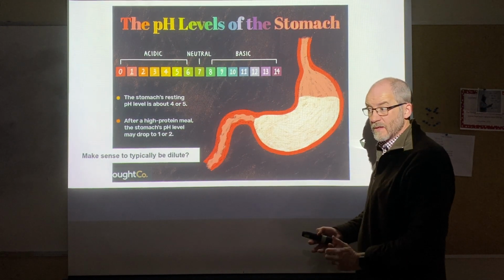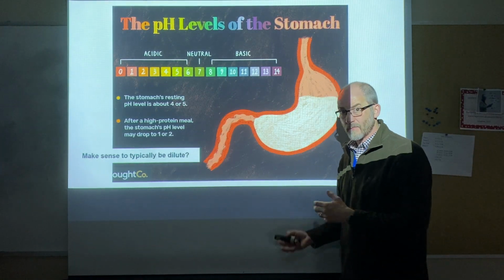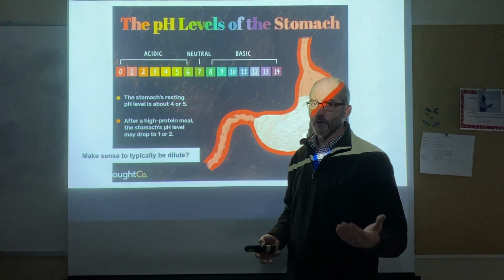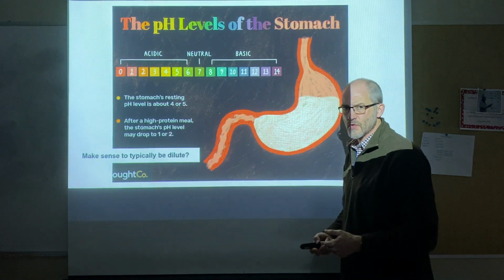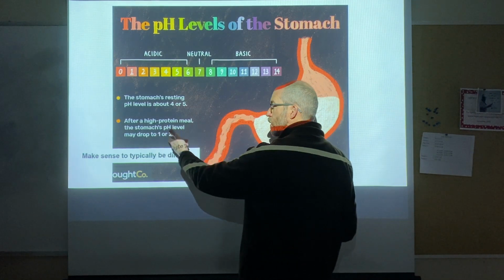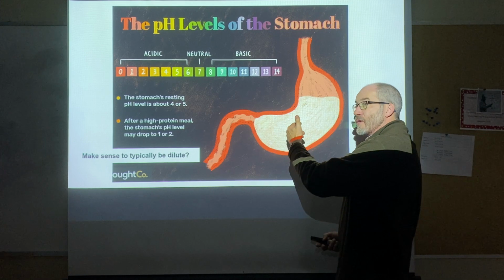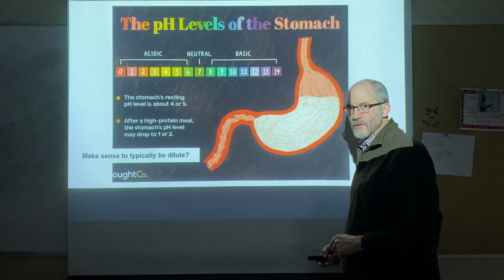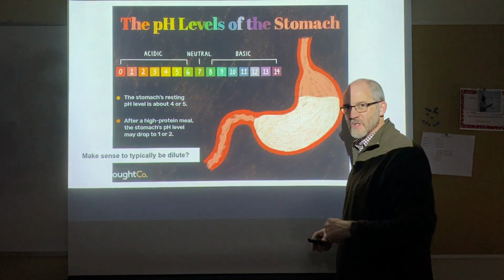So think about this. Strong and weak are almost in a way sort of independent from concentration. Strong and weak depend upon how well you ionize. You can be a dilute strong acid, but you could also be a concentrated strong acid. When that pH drops down to 1 or 2, don't you figure that not only are you dropping the pH, but you're probably becoming much more concentrated at the same time?